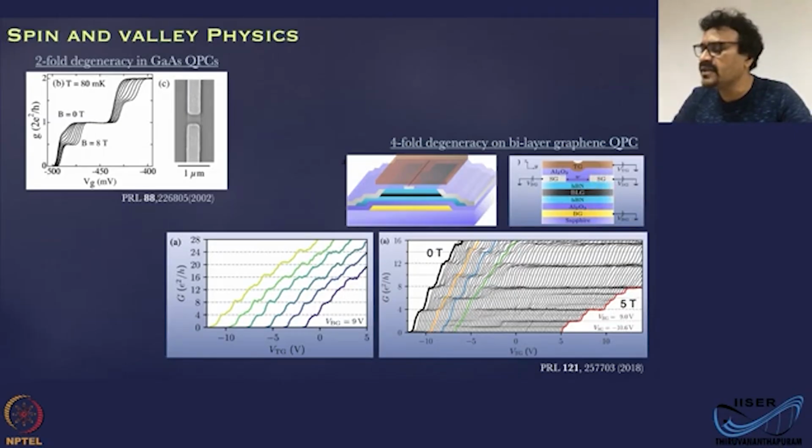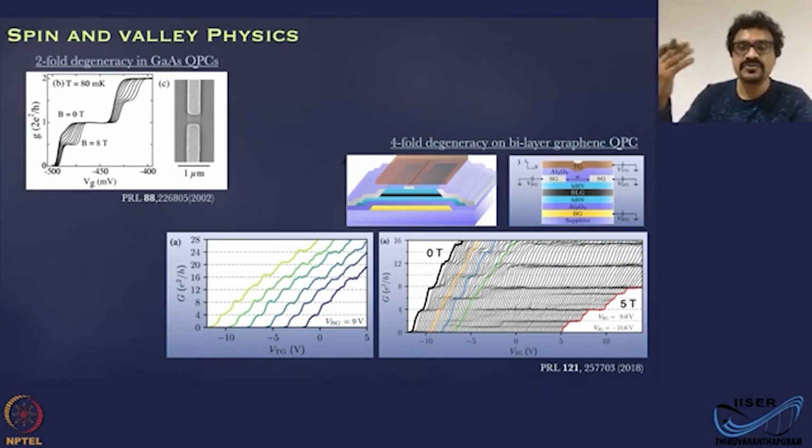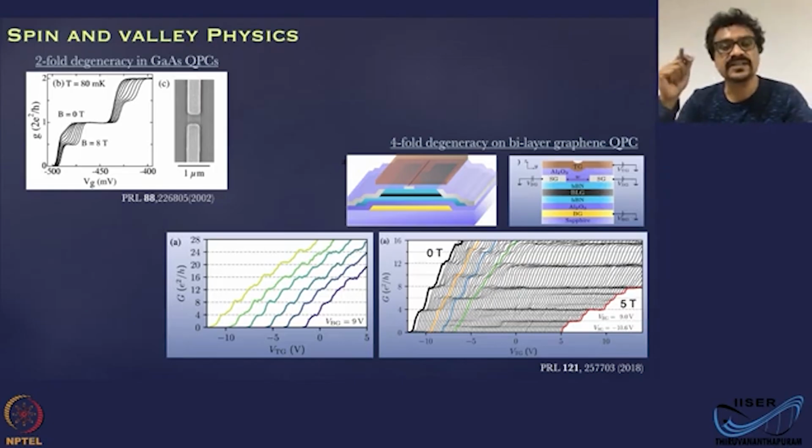And how to make this device and other details of the measurement you can find in this paper. But the take-home message here is that you can see these are 4e square by h steps, because there are 4 channels for the system. Every quantum channel is 4-fold degenerate. What that means is you have 4e square by h.